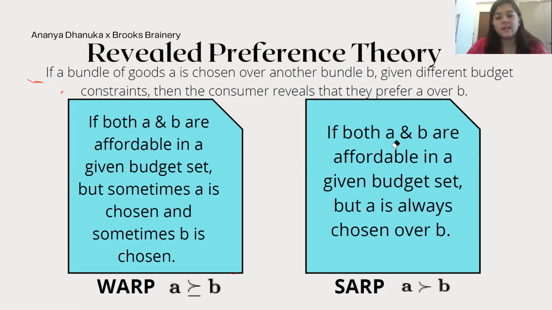Similarly, if both A and B are affordable, and still I choose A always over B, then that's the strong axiom of revealed preference. So this is directly derived from the preferences that we discussed earlier. But in this example, why does this become a theory, so to say? Because we're keeping the indifference curves in mind, and there are entire equations for the strong axiom of revealed preferences and the weak axiom of revealed preferences.